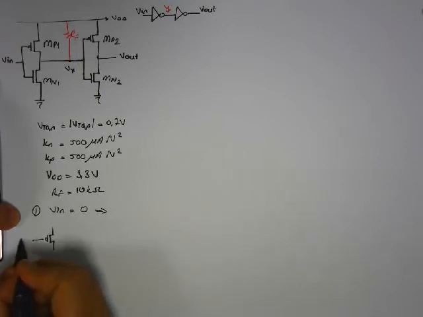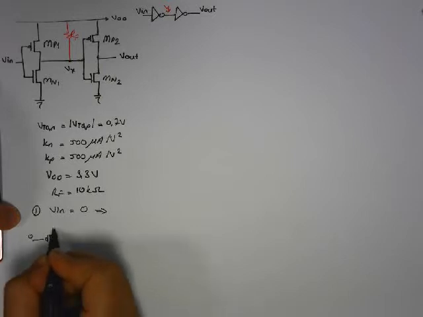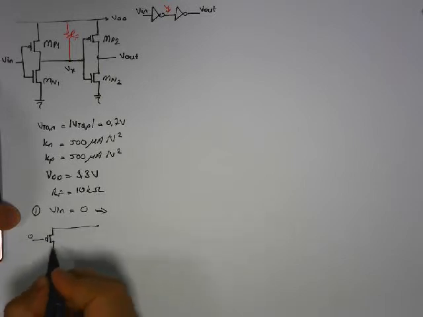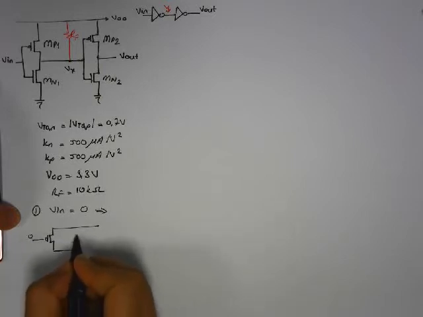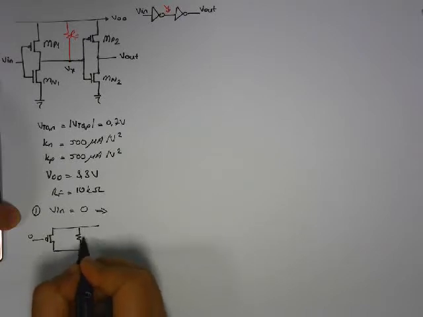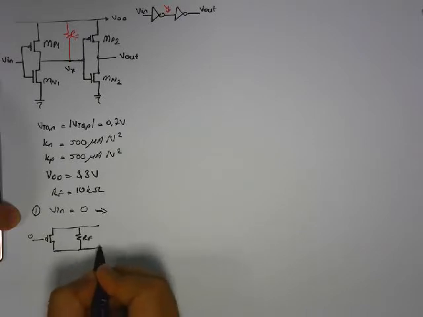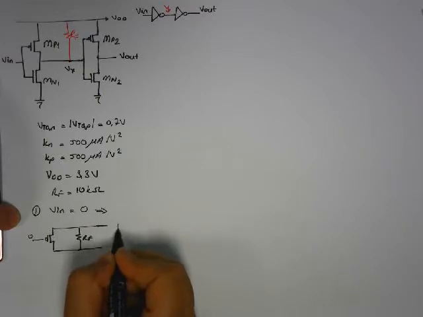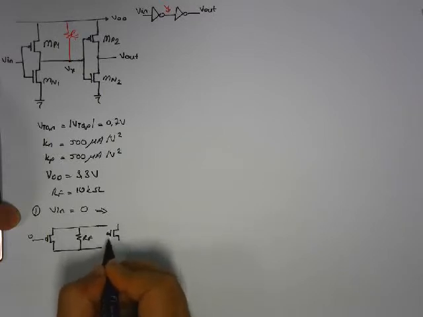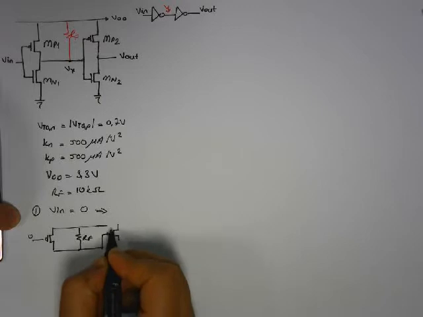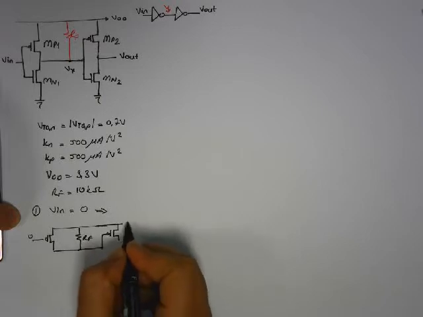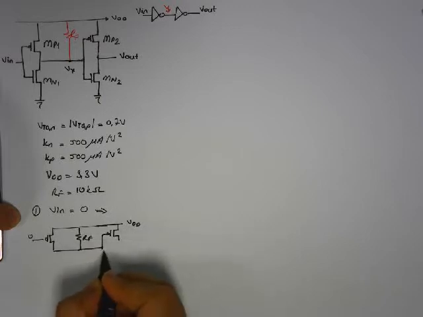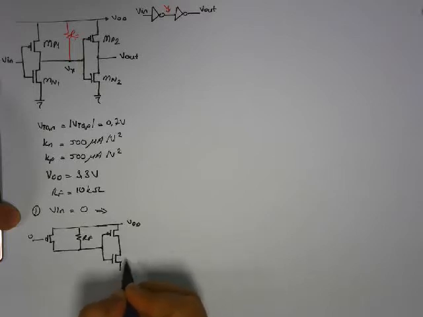So we have this PMOS and 0 volt at V in, 0 volt at gate. We have this RF here and this is connected to the gate voltage of the second PMOS and gate voltage of the second NMOS.